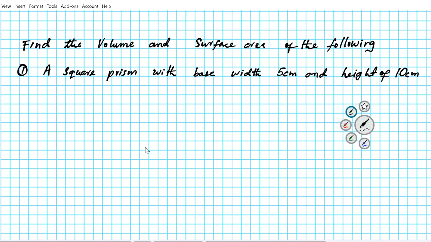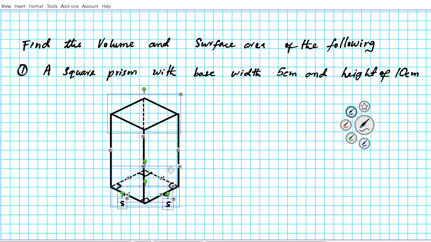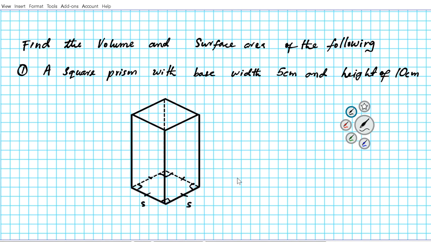Okay? Alright, so let's take a look at this one. So there goes our square prism right there.